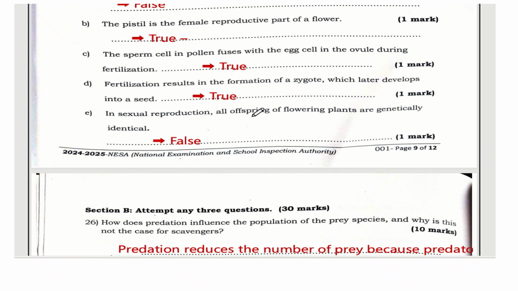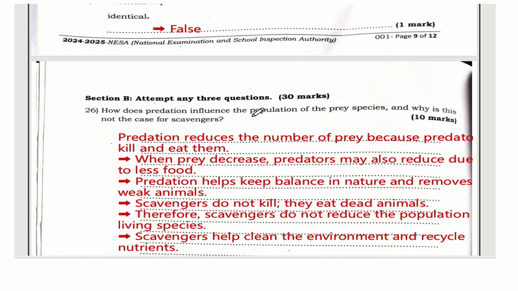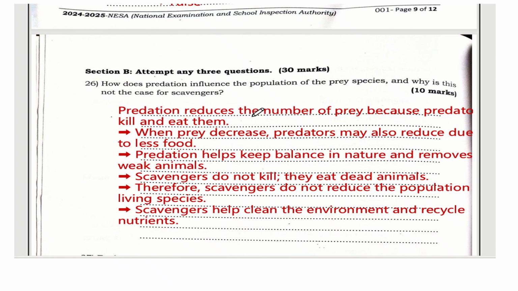They are not identical because they inherit genes from two parents, so the genes are not from one parent. That's because the offspring of flowering plants are not genetically identical. Let's jump to section B.